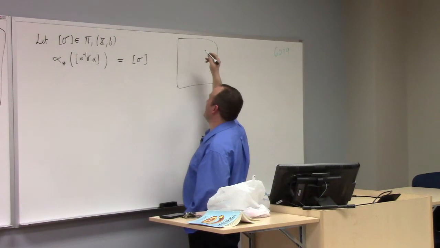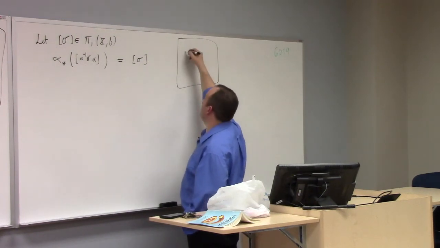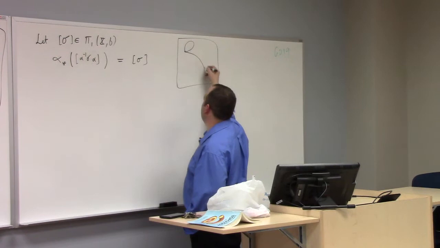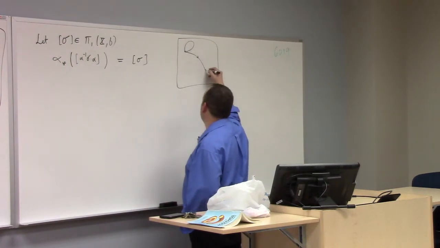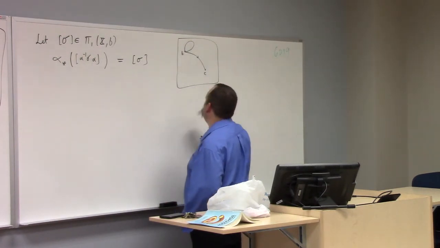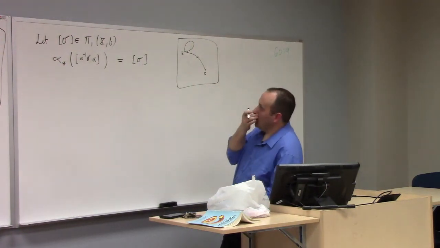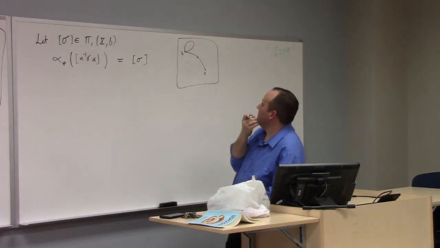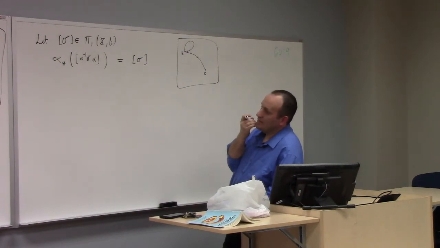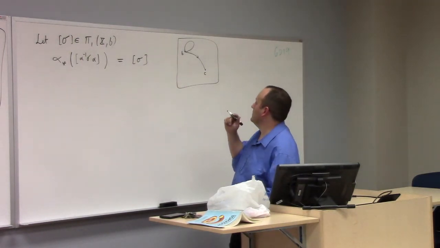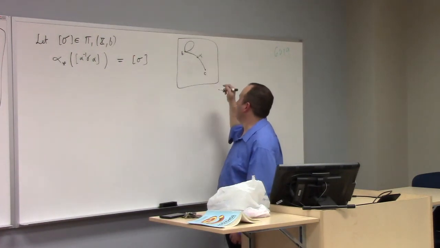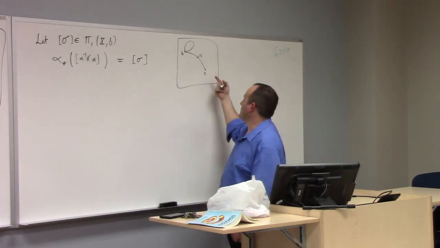So we're looking at a loop at B. We've got this path over here to C, and we're trying to convert the alpha inverse goes.